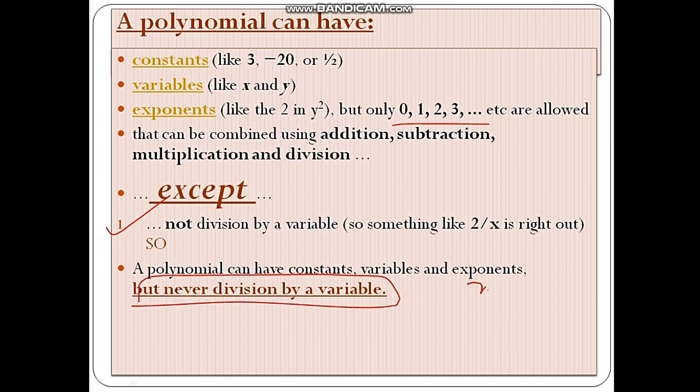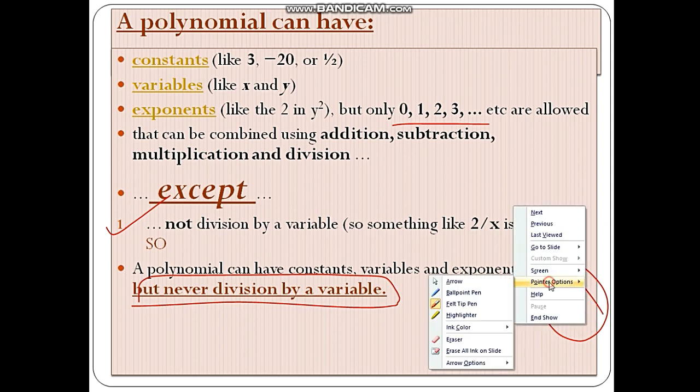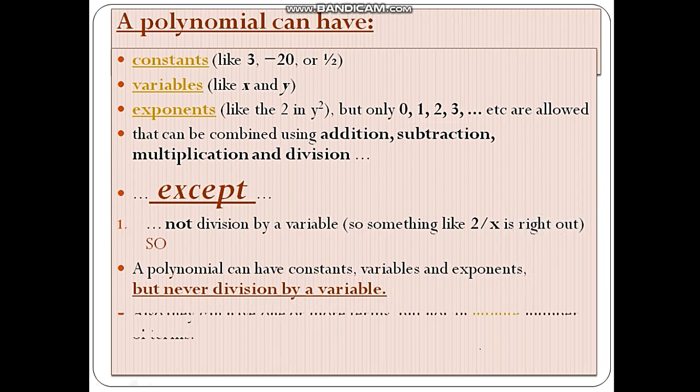Means x by 2 is acceptable, but 2 by x is not acceptable. Then the whole expression is not a polynomial. Next, they can have one or more terms but not an infinite number of terms. The number of terms should be finite.